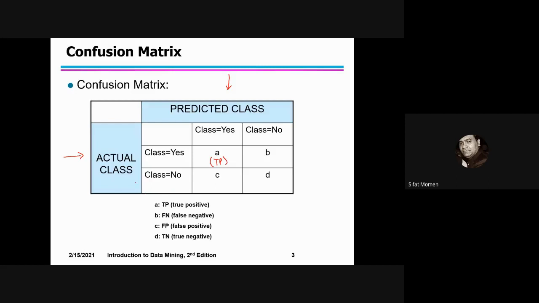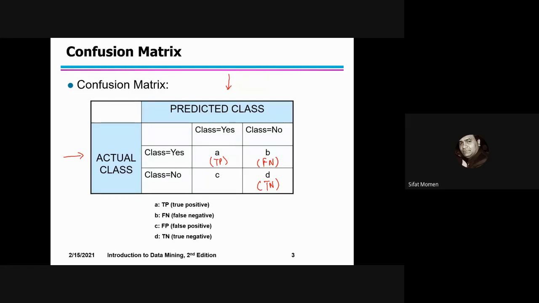And here, actual class no and predicted class no. That means the model has correctly identified that this is no, so it's true negative, right? Yes, sir. What about this one? What will B be? The actual class is yes, but you predicted it as no. So the prediction is wrong, but you predicted it to be negative, so that's called false negative.